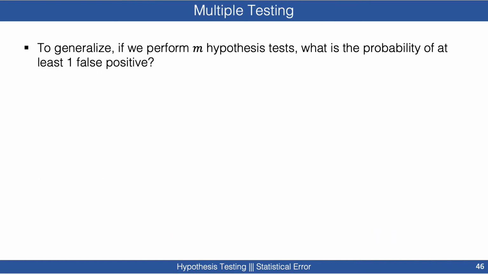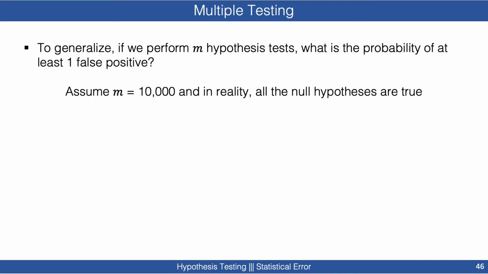So let's do this a little bit slower. If we have M hypothesis tests, say we tested M compounds, or we are testing 10,000 genes, for example, or 2,000 compounds, what is the probability of at least one false positive, meaning that you rejected the null hypothesis when you shouldn't have?